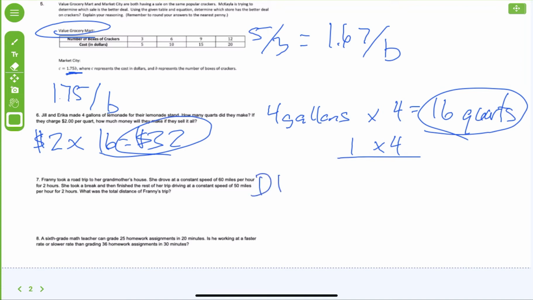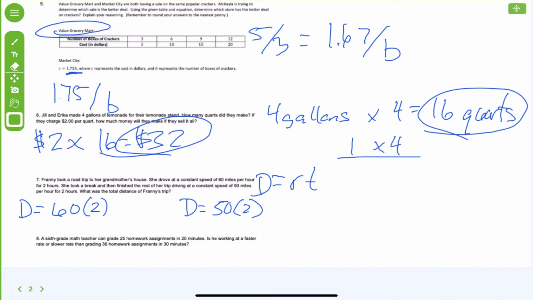Distance, still working with distance here. So we went at a rate of 60 miles per hour for 2 hours. And then we went 50 miles per hour for 2 hours.